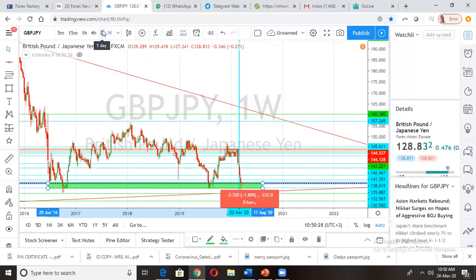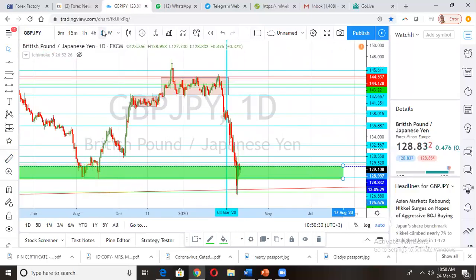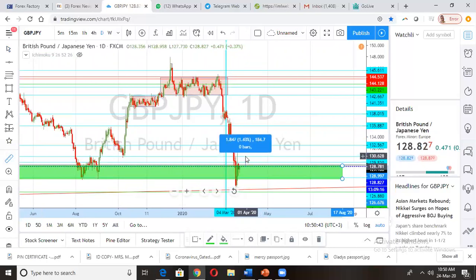Let's look at the day chart. We have a better glimpse. I like what I'm seeing. Actually, I'm more bullish for GJ than anything else. At least 180 pips for GBP JPY, probably 180 pips before it pulls back.